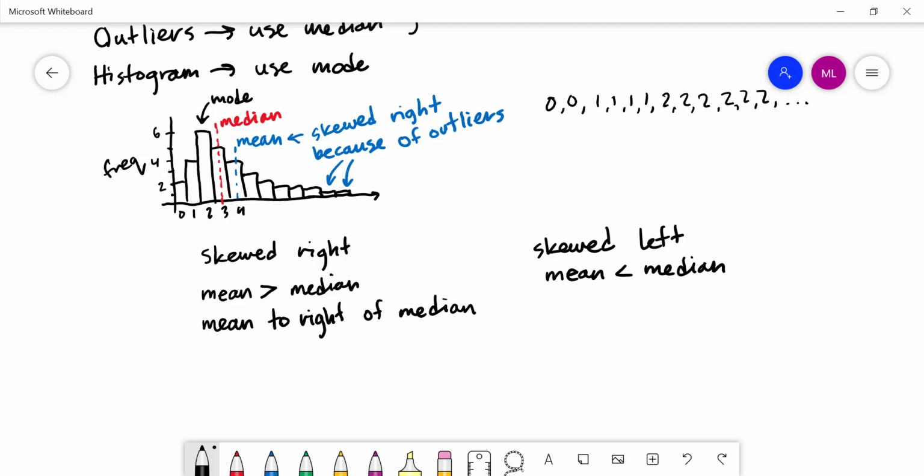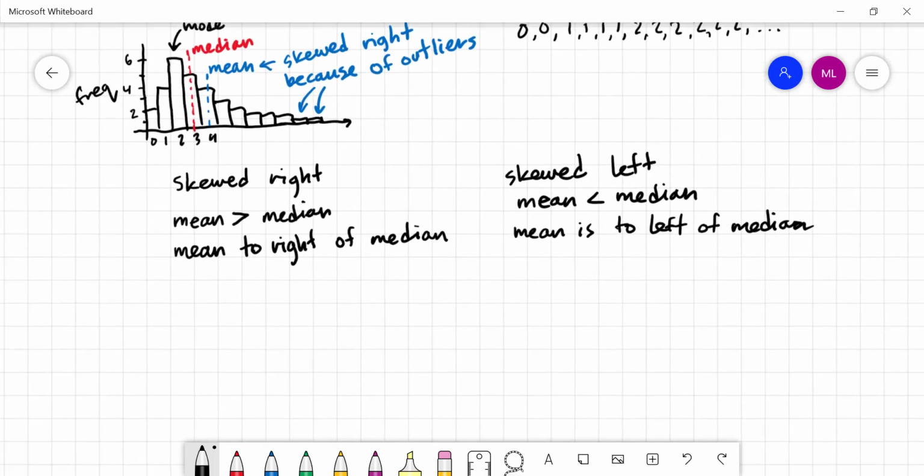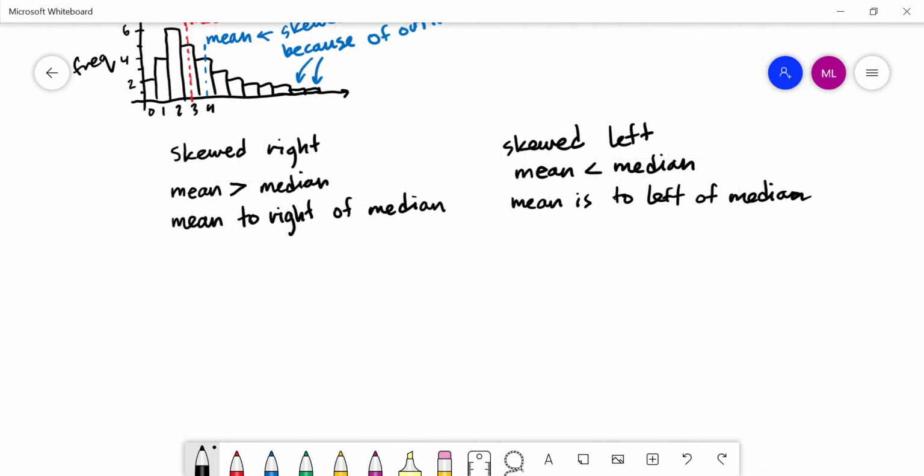Or another way of saying that would be that the mean is to the left of the median in our picture. And if the mean and the median are right on top of each other, that typically means that our data set is pretty much symmetric. So if the mean is approximately the same as the median, that implies that our data set is symmetric.